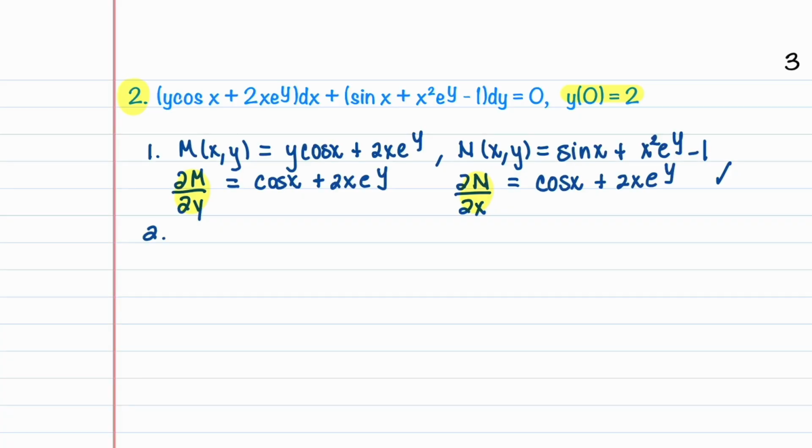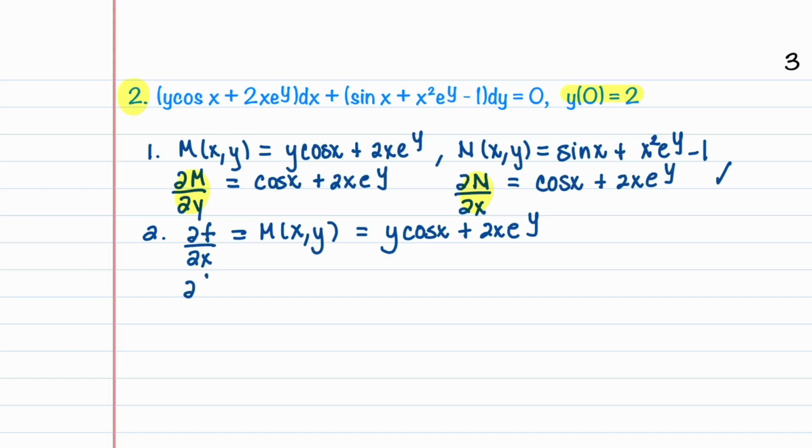We're going to start by setting the partial derivative of f with respect to x equal to m of xy. And that is equal to y cosine x plus 2x e to the y.